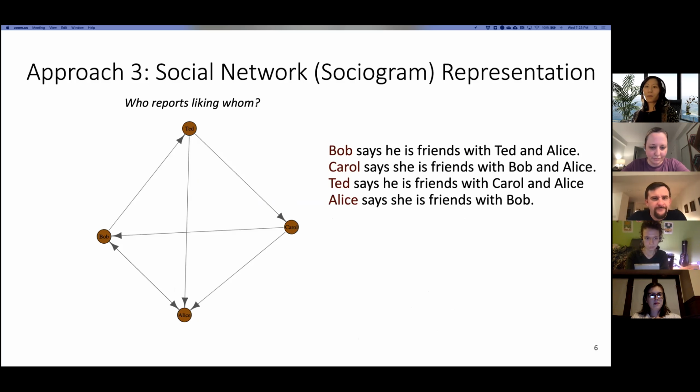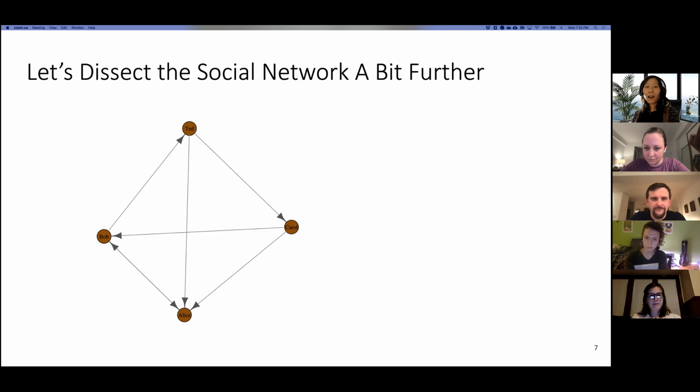And then the third one is pretty much what all of you defaulted to, which I think makes sense. You're given information, and we're talking about networks. So this is a sociogram representation. So let's dissect this network a little bit more and talk about the terminology of who everybody is.